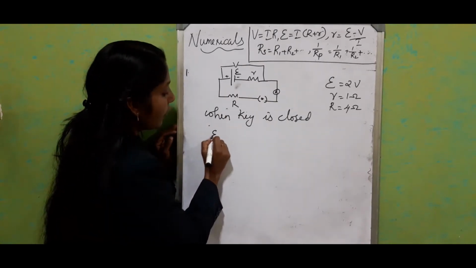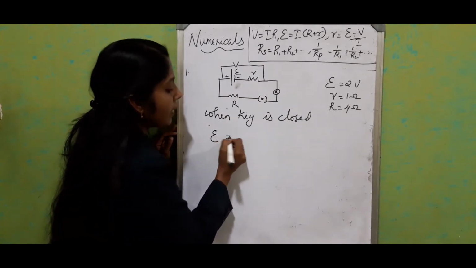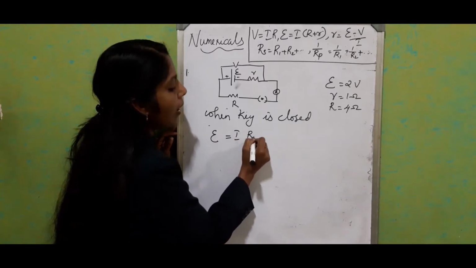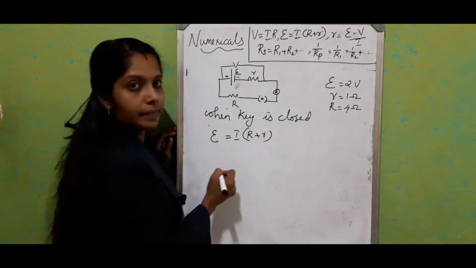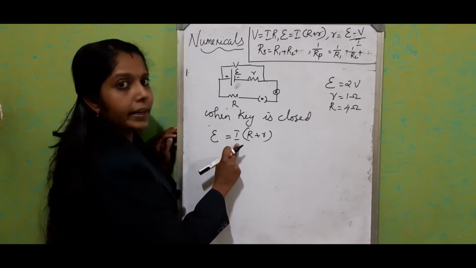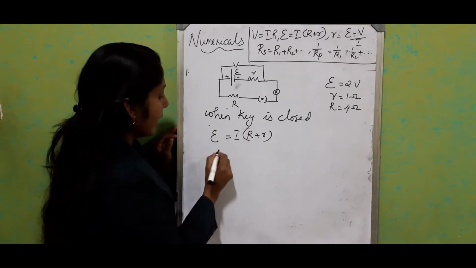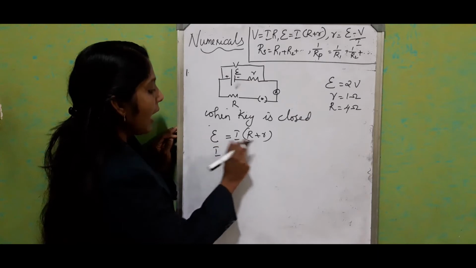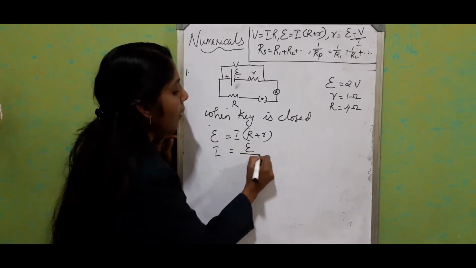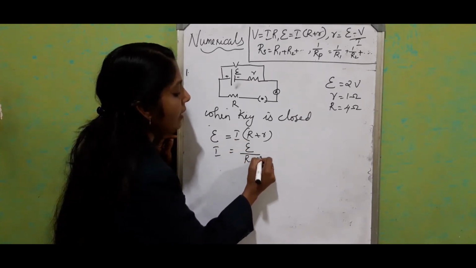So we have to use the equation epsilon is equal to I into R plus r. And what we have to find out? We have to find out the current. So rearrange the equation: I is equal to epsilon divided by R plus r.